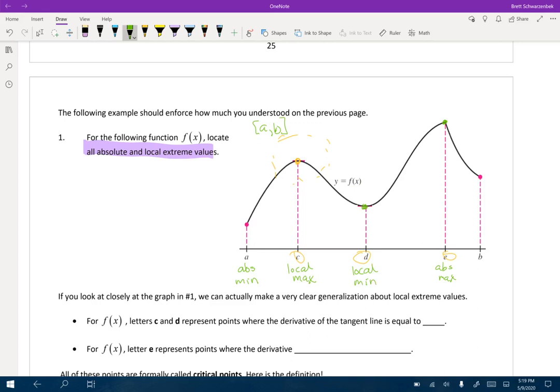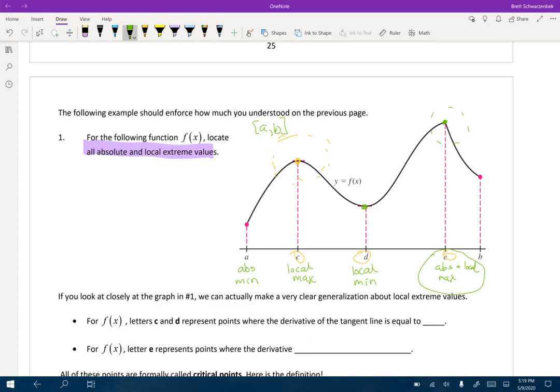And then if we go to E, this is an interior point, and it is the highest point within the vicinity, which means not only is this an absolute max, but it is also a local max. So this one here is both.